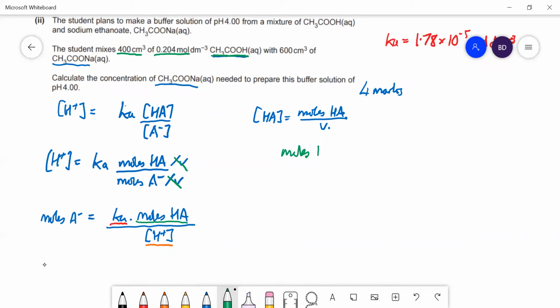Moles of HA is concentration times volume. The concentration was 0.204, and we have 400 centimeters cubed. That's 0.4 dm cubed. That is equal to 0.0816 moles.